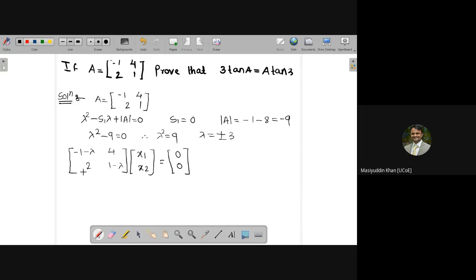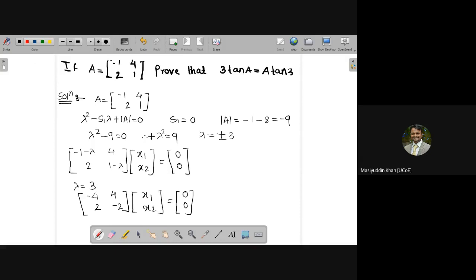So we have to substitute one by one. While substituting lambda equal to 3, we will get minus 1 minus 3, that becomes minus 4, 4, 2, and 1 minus 3, that is minus 2, times x1, x2, equal to 0, 0.